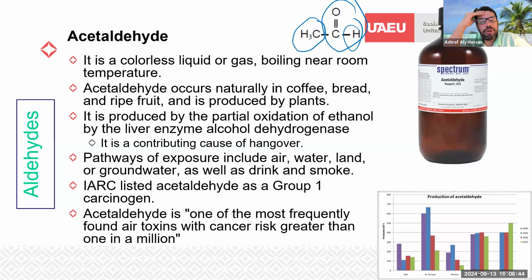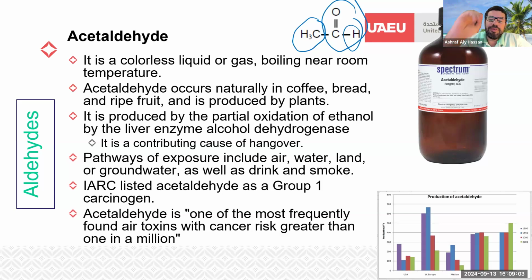Pathways of exposure include air, water, land, or groundwater. It's listed as group 1, a known carcinogen, so it causes cancer. Acetaldehyde is one of the most frequently found air toxins with cancer risk greater than 1 in a million.